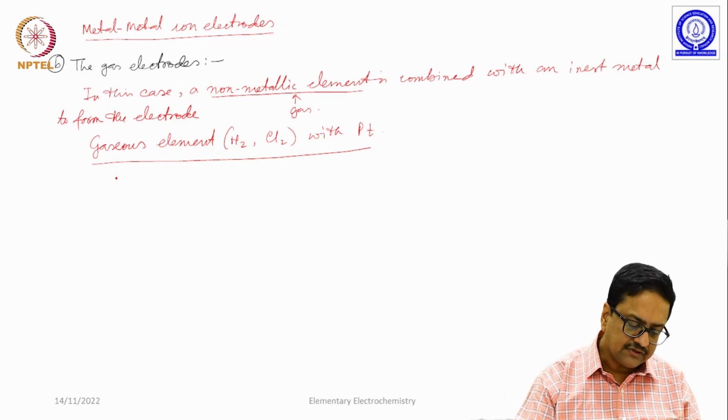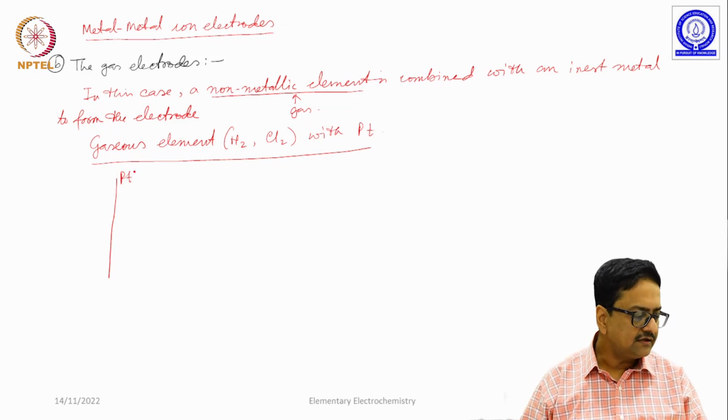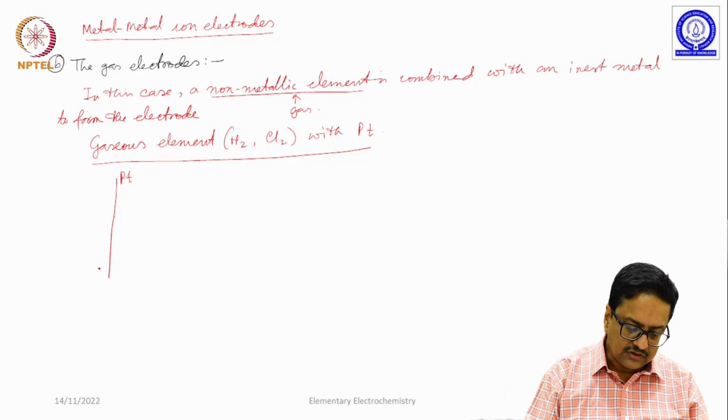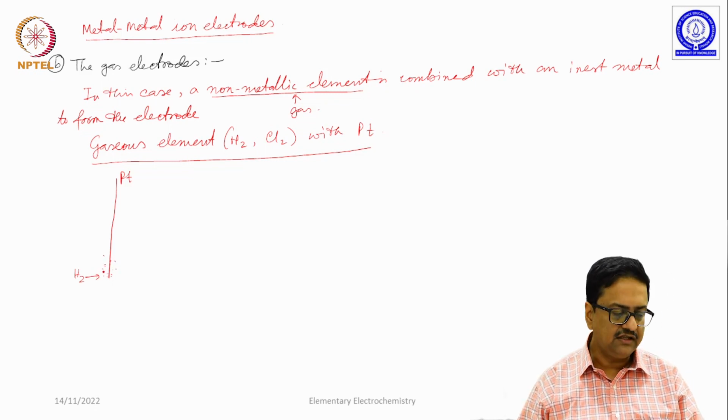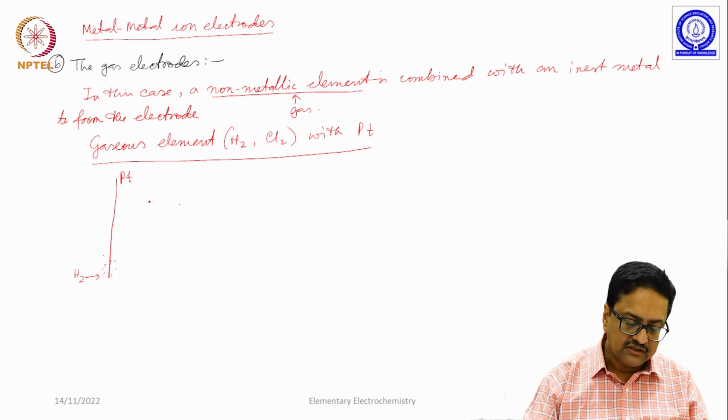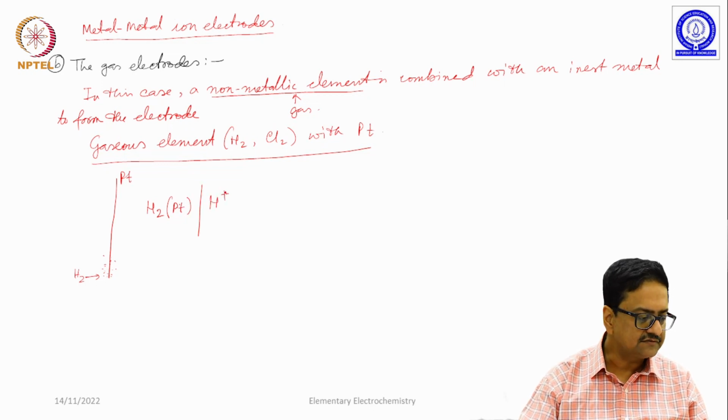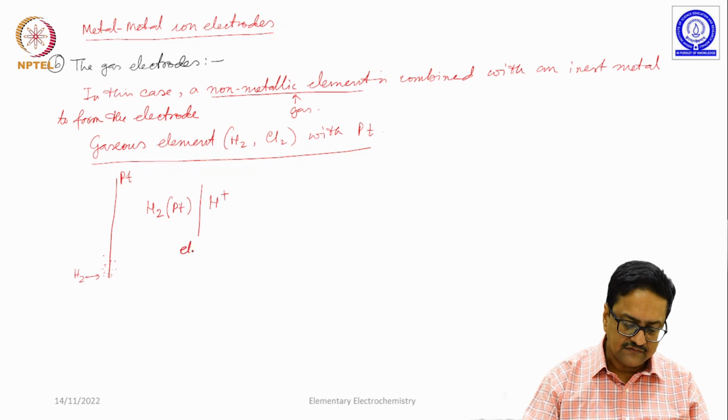So when you have a platinum electrode and hydrogen gas is bubbled around the electrode, that electrode is written as Pt, H2 in equilibrium with H plus.